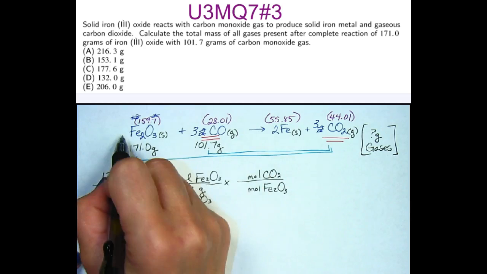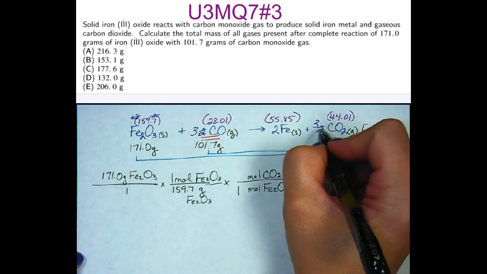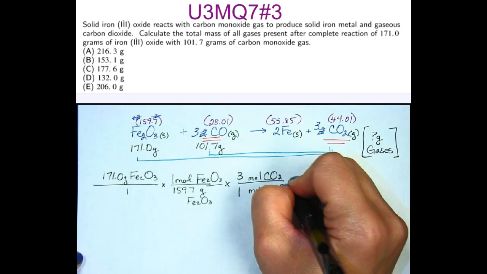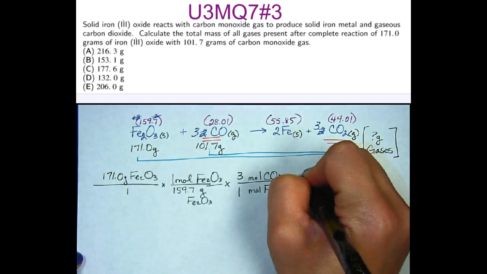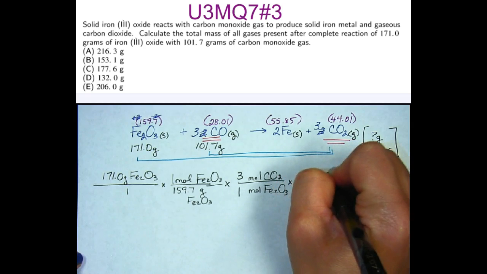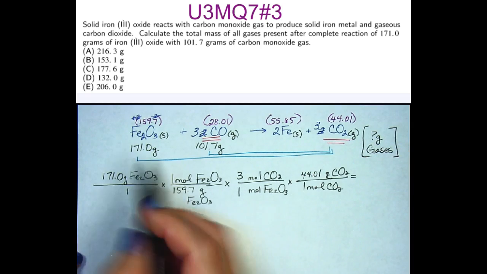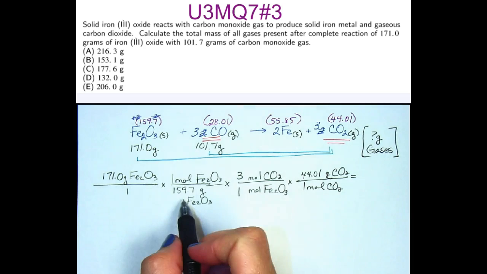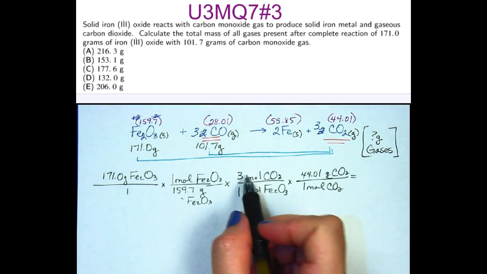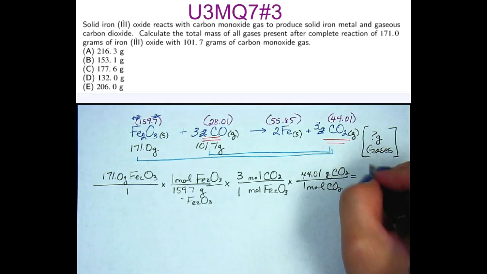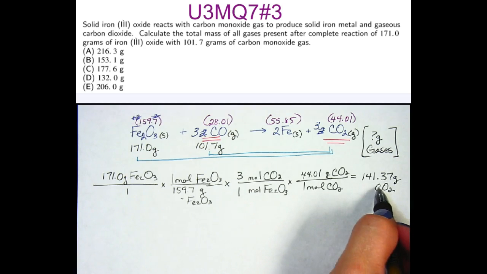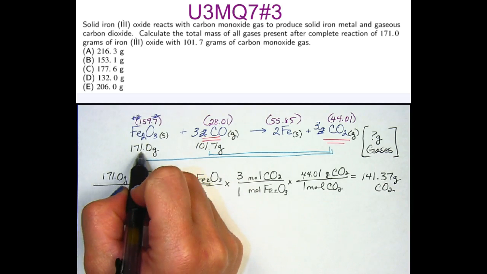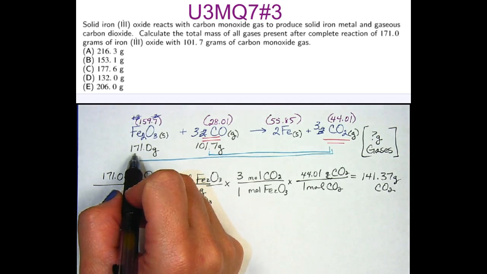There is 1 mole of iron 3 oxide to 3 moles of carbon dioxide, and then we'll convert carbon dioxide from moles to grams using the molar mass. If I type in 171 divided by 159.7 times 3 times 44.01, I get 141.37 grams of carbon dioxide. So that's how much carbon dioxide I produced based on this given amount of iron 3 oxide.